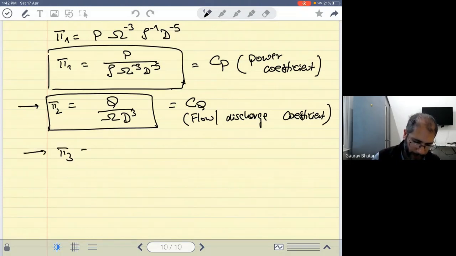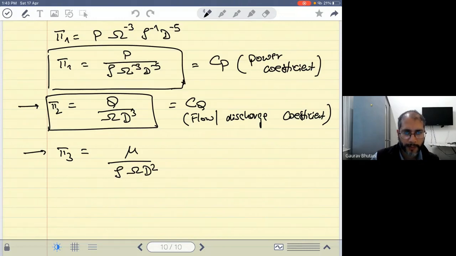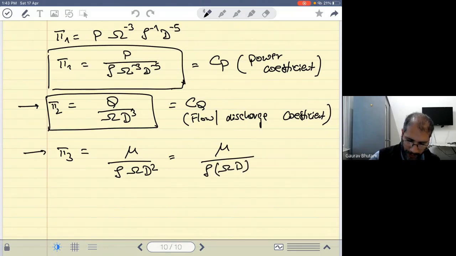And then pi3, again I leave it to you to find it, and this is mu upon rho omega d square. Okay, this in fact I can write it as mu, and then omega times d, I can take it in a bracket, and then I can write d to understand the physical significance of this. Now omega times d is like rotor speed.